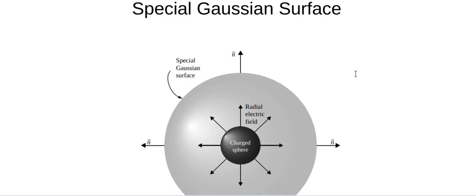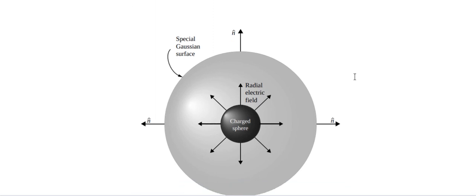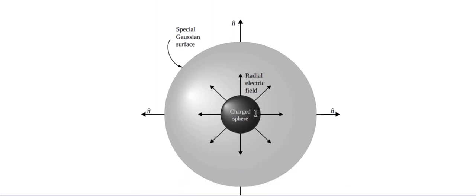So he's calling this a special Gaussian surface. And what he's explaining here is that you have some kind of charge inside of a sphere. And you know that when they show electric fields or any field, they always show them as vectors, right? But in actuality, there's an infinite number of vectors here, right? They're all radiating in the same direction.